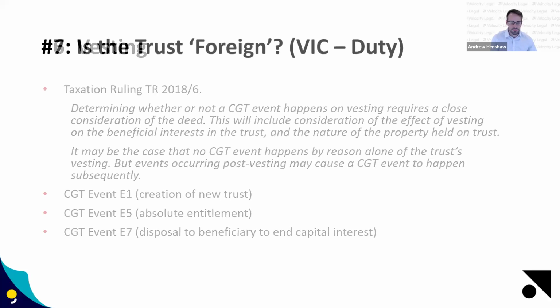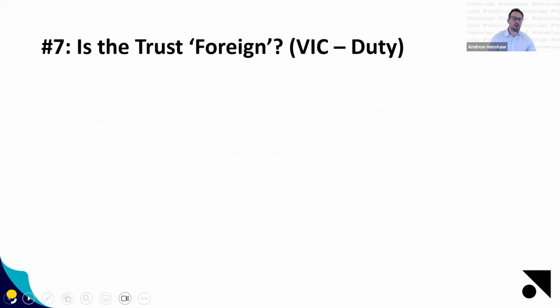So I'm going to talk about foreign trusts in Victoria and also New South Wales. These foreign trust issues are really because of increases in state taxation. If we rewind about 8 years, the states started to put these foreign duty surcharges on the purchase of residential property.